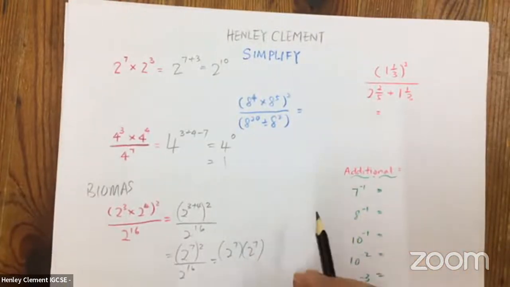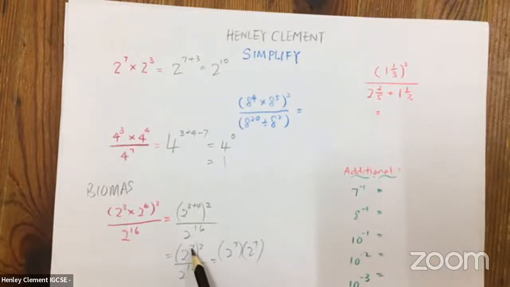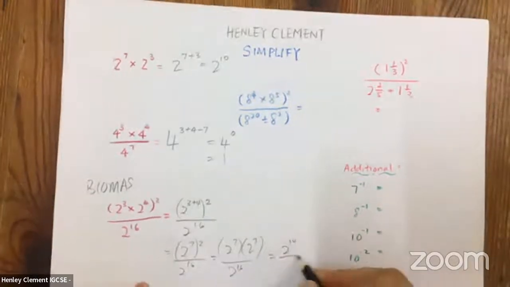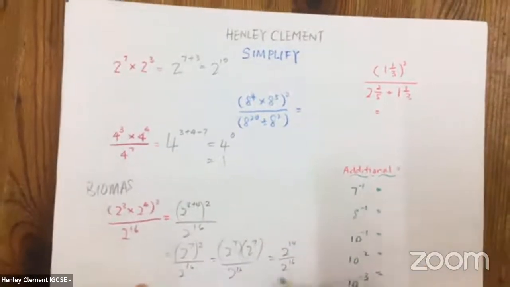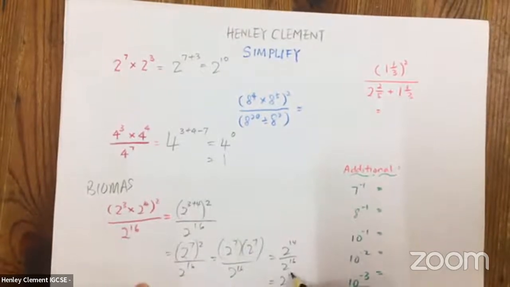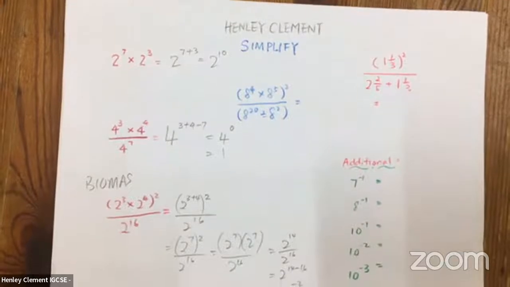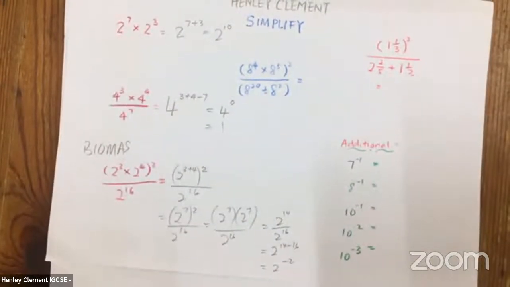But if you don't want to, you can just use multiplication, 7 times 2 will get 14. So it's 2 to the 14 over 2 to the 16. So it's actually 2 to the 14 minus 16, you get 2 to the negative 2. This is the answer.